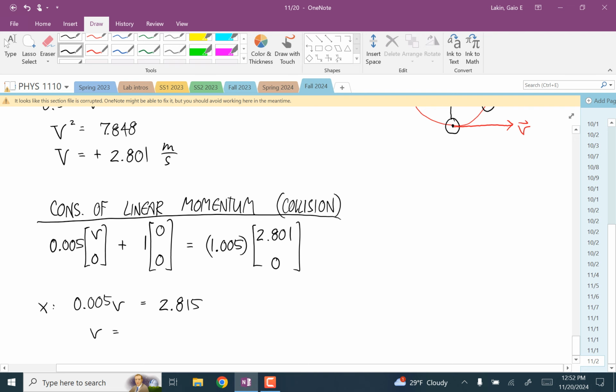And so v is equal to 563.0 meters per second. Any questions about that?